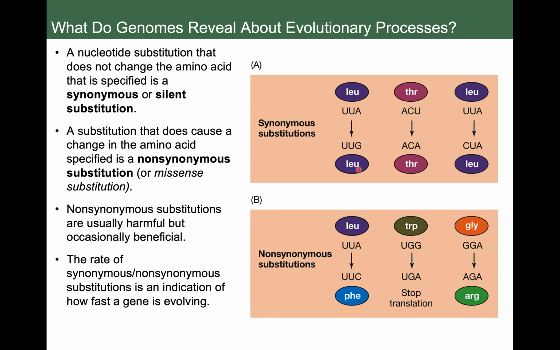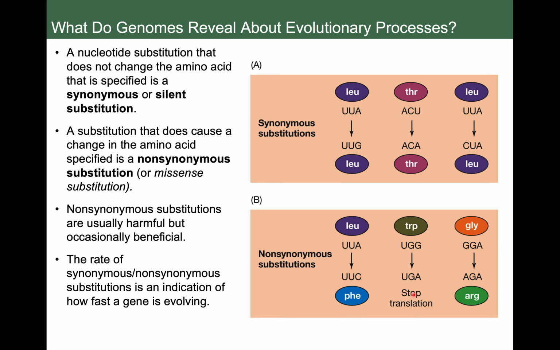Whereas a non-synonymous substitution is going to be one that does change the amino acid. So previously we had referred to these as like a missense mutation, where we, for example, change a leucine into a phenylalanine, or a nonsense mutation where we change an amino acid encoding codon into a stop codon.